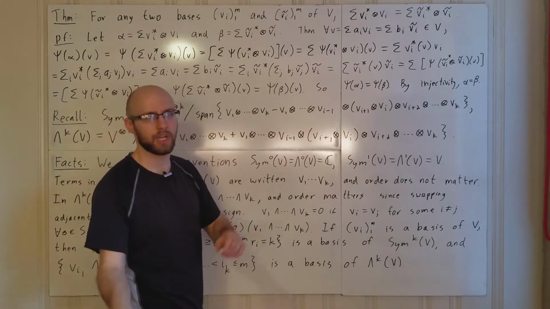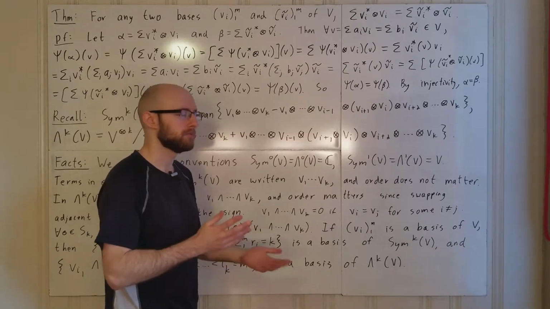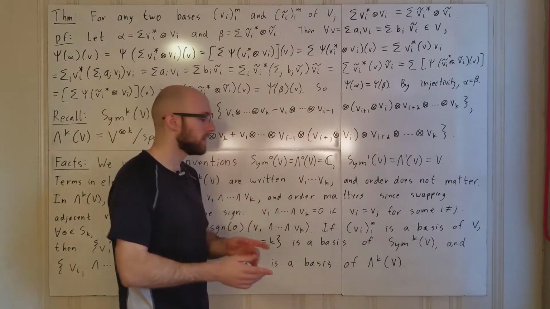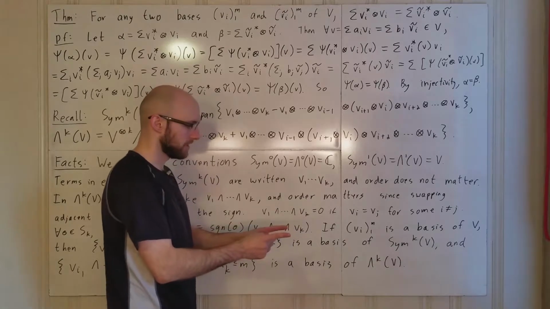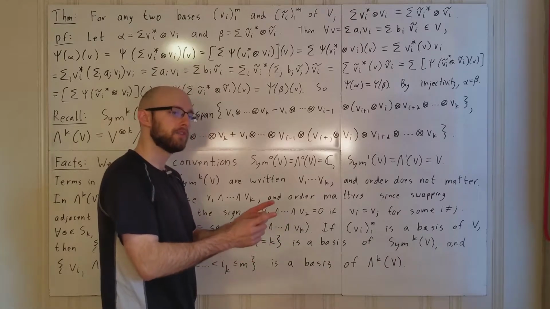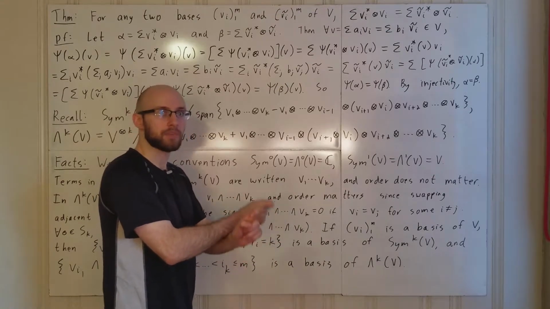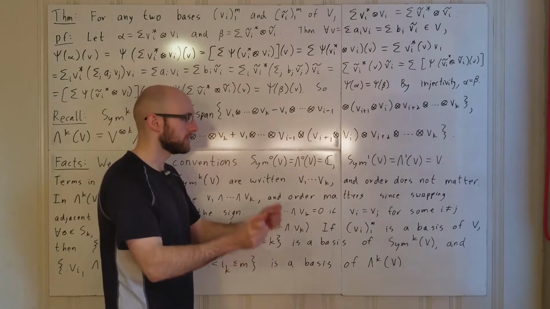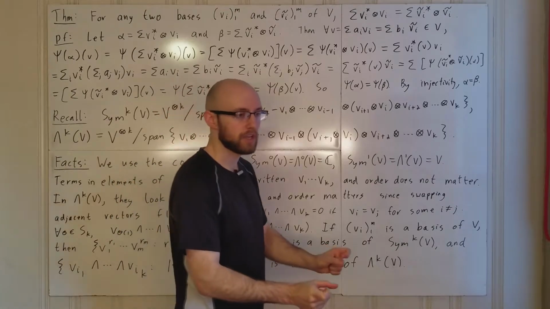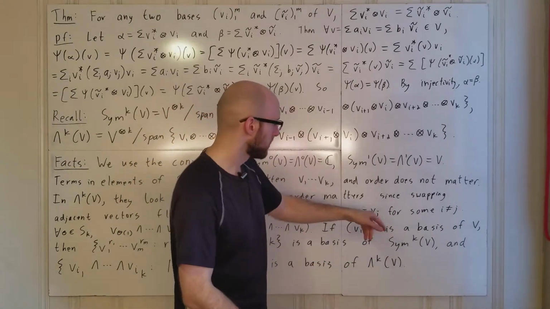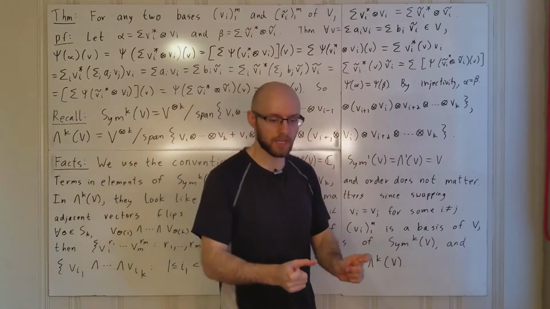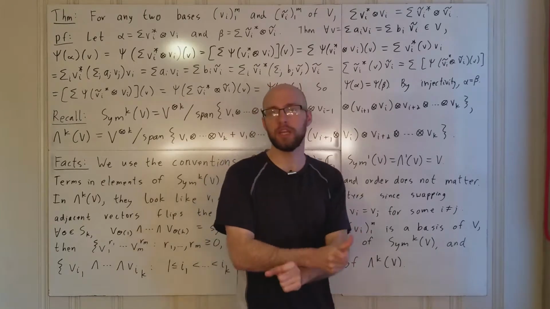You may have changed the sign, but it doesn't really matter, because once you have this element, you know that if you flip the Vi and the Vj, then it flops a sign. However, since Vi equals Vj, flopping those two doesn't change the element.